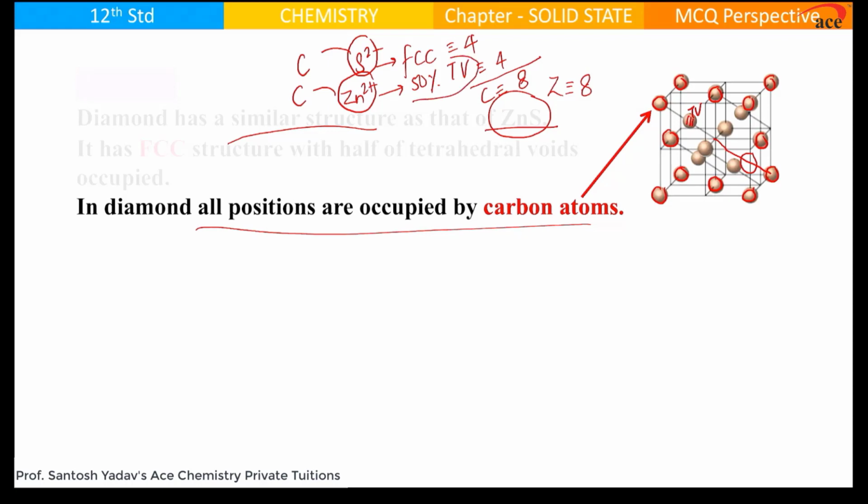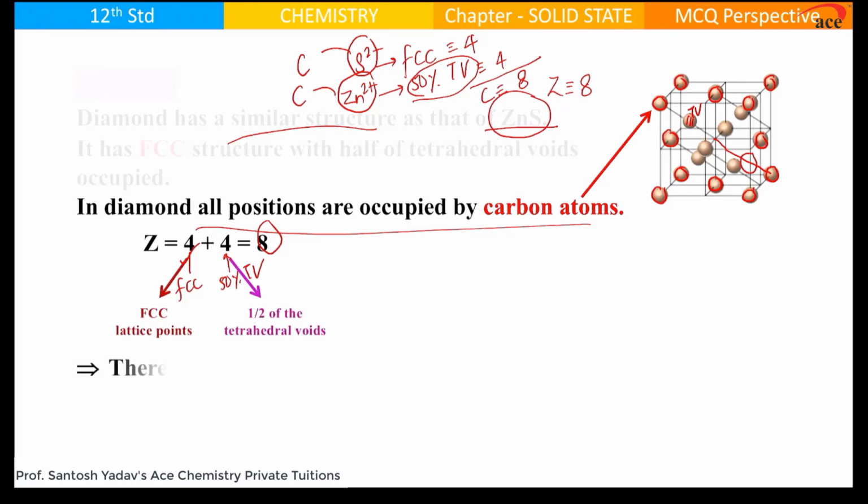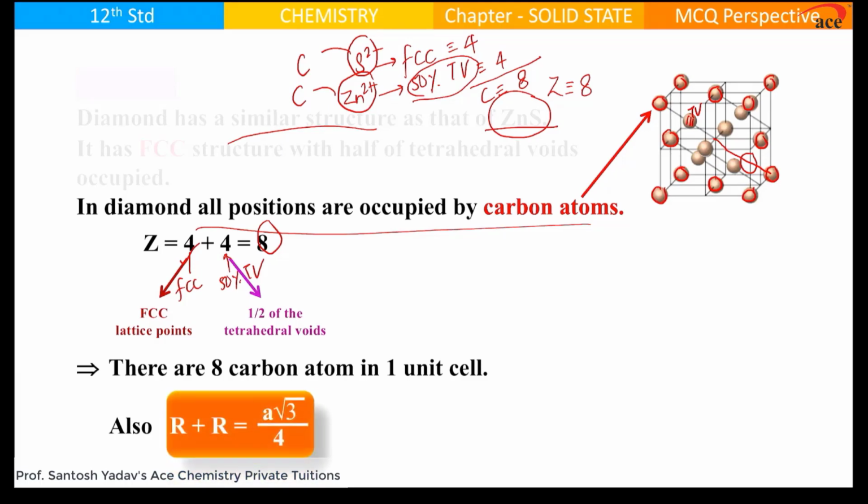That is what you mean by 50% of tetrahedral voids. So, the rank of diamond is 8, of which 4 make up corners and face centers, that is FCC, and the remaining are 50% of tetrahedral voids. So, there are 8 carbon atoms per unit cell. And if you do the trigonometric calculation, then we realize r plus r is equal to a root 3 by 4. That is what you come to know.